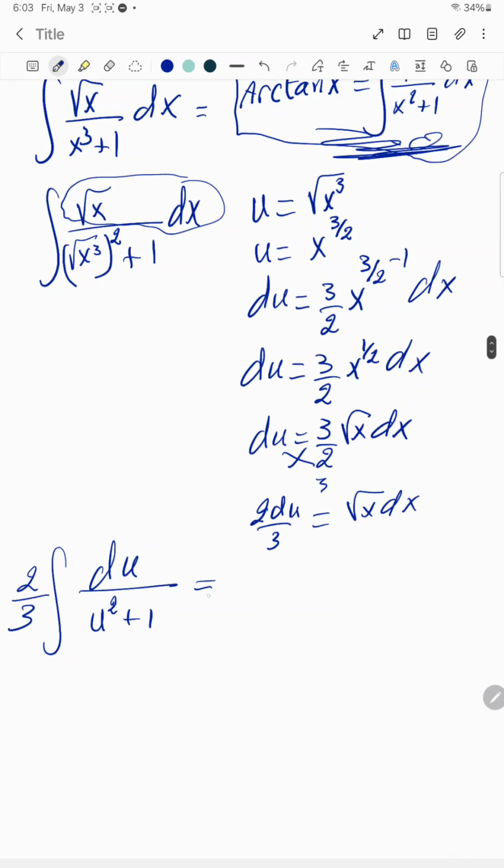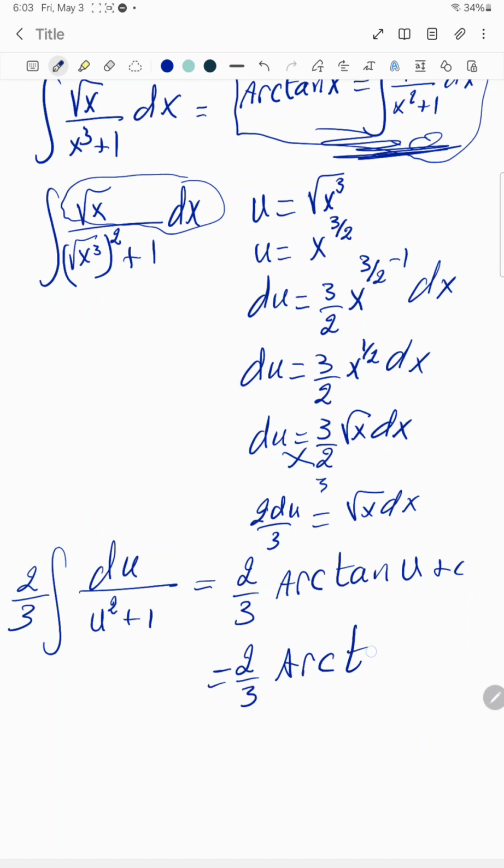So this will equal 2/3 of arc tan of u plus c, and I replace u by its value: 2/3 of arc tan of square root of x cubed, square root, not cubic, plus c.